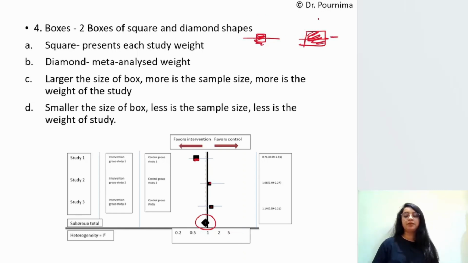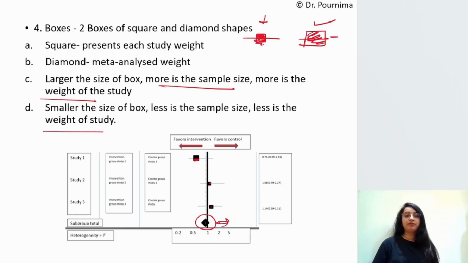The size will represent the weight of the study, how effective the study is. If the box is larger, there is more sample size in the study and therefore the weight of the study is more. If the box is smaller, that means there is less sample size and the weight of the study is less. And this diamond is actually the meta-analyzed weight, that is the summary of the weight of all of the studies, and which way it is pointing is shown here.